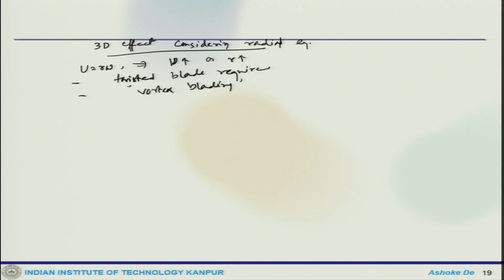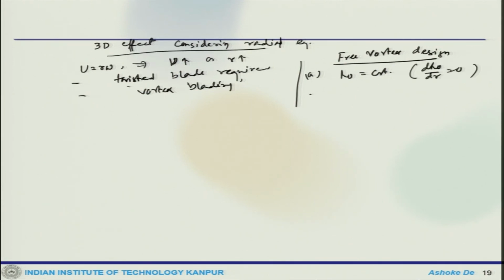Okay. Now, we can do a free vortex design, where A, stagnation enthalpy H naught is constant over the annulus, which means dH naught by dr would be 0.